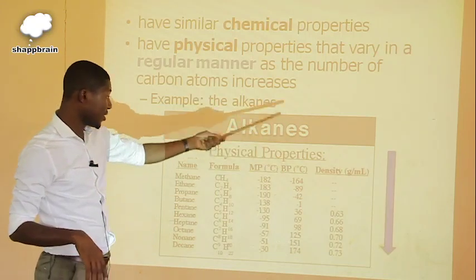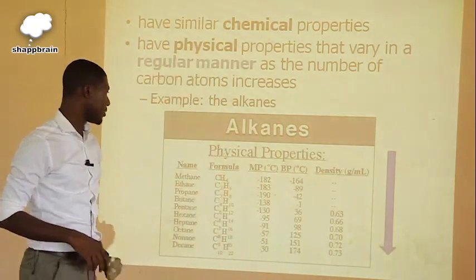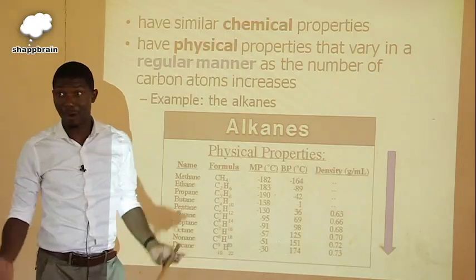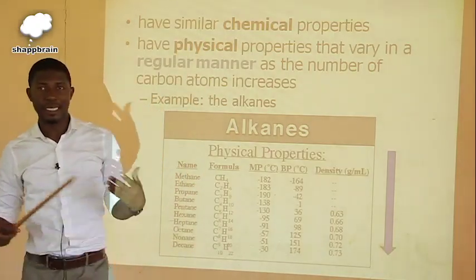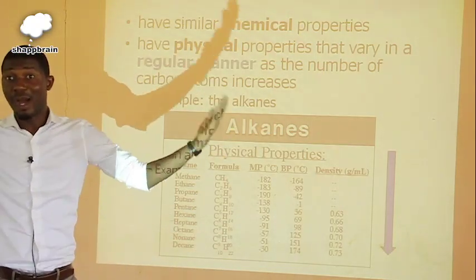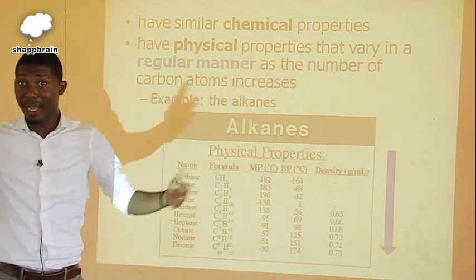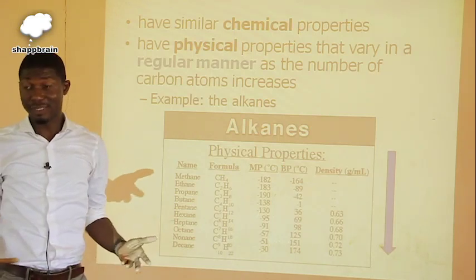And similarly with density too. And so the arrow we see here is telling us that as we move down the series, melting point, boiling point and density will increase because size increases. Melting point, boiling point and density are highly proportional to size. The bigger you are, of course, so much energy will be needed to break the bonds because the compound is bigger. I believe that is quite reasonable.